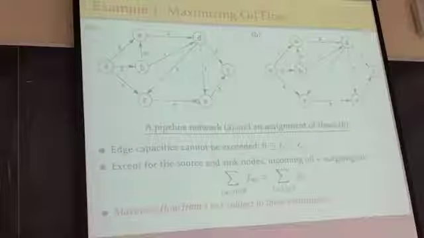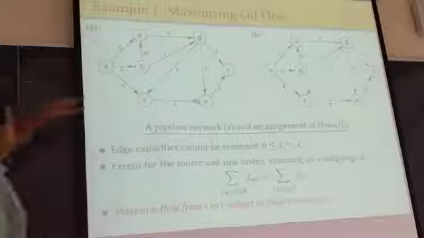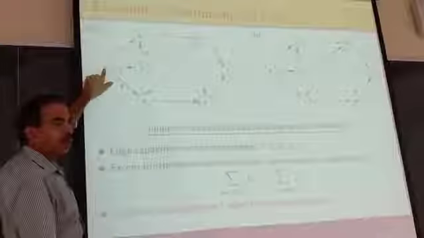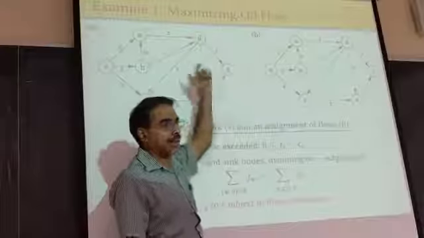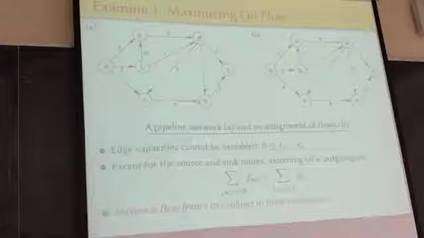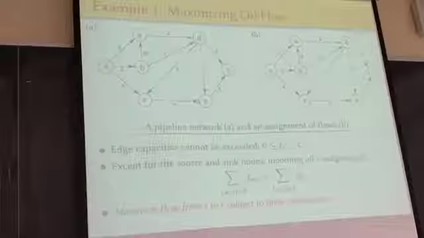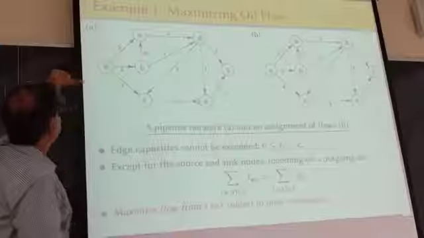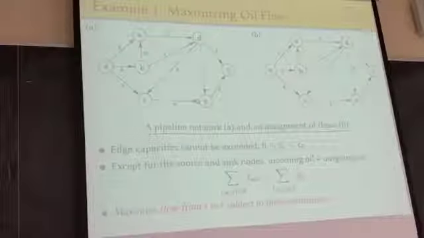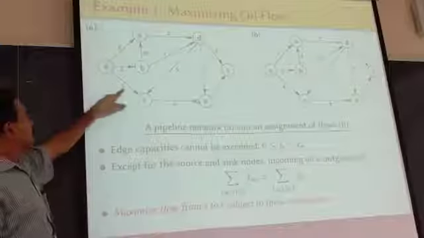We'll illustrate max flow using this example. Here is your source. When you talk about flow algorithms, there is usually a source and a sink. The notation that we typically use is S for source and T for sink. You want to maximize the amount of material that can flow from S to T, and these edges have directions, and each edge has a capacity.